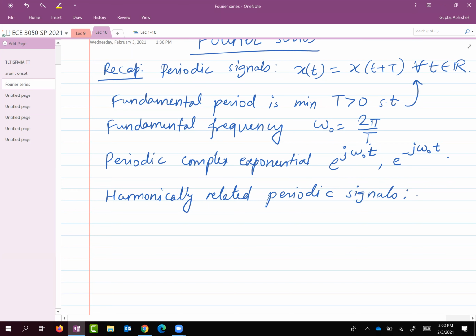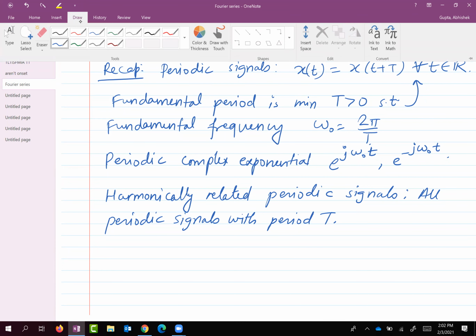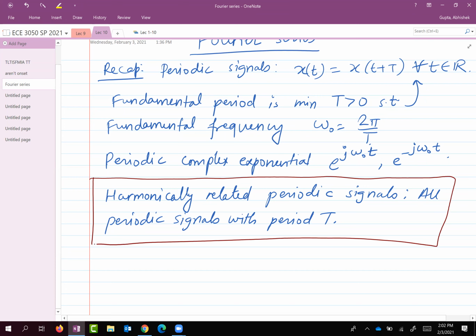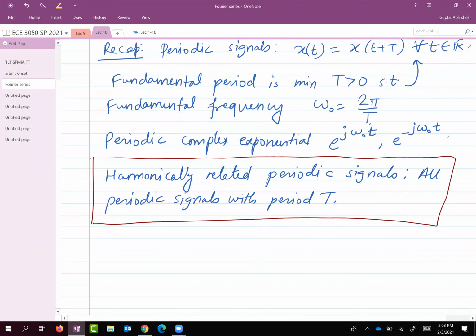These are all the periodic signals with period capital T. These periodic signals must be complex exponentials.